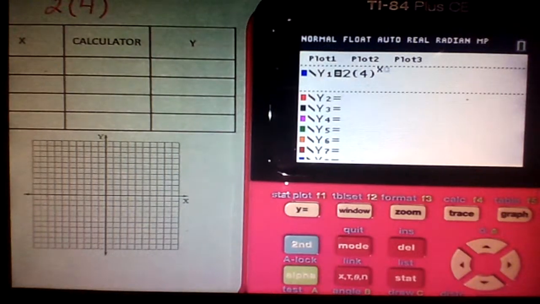Mine's going to look a little bit different because I have a TI-84. You have a TI-83.